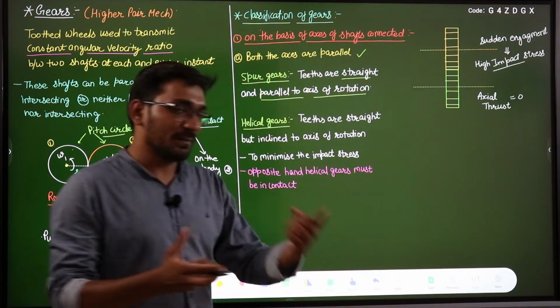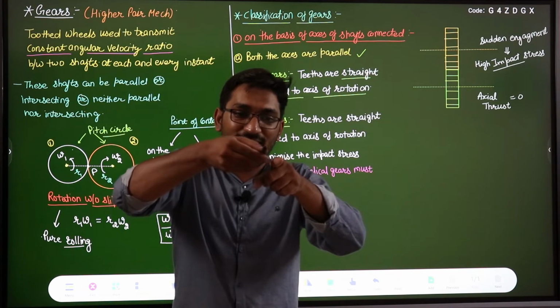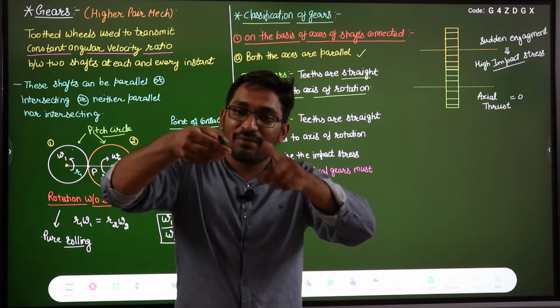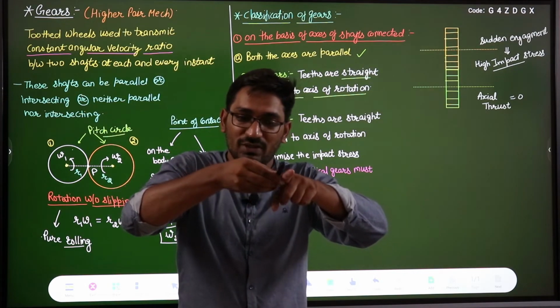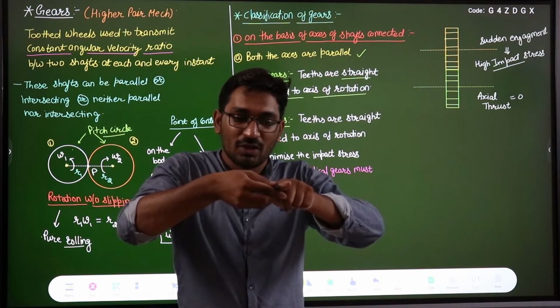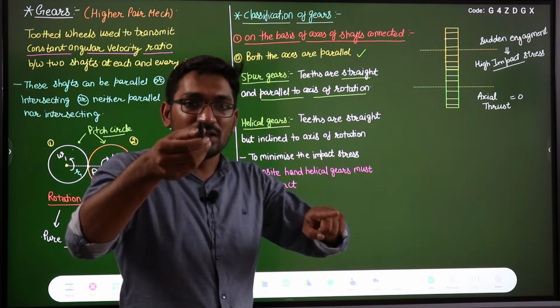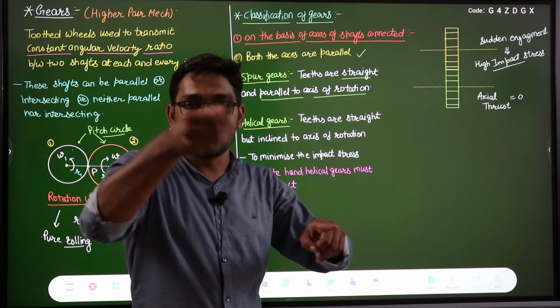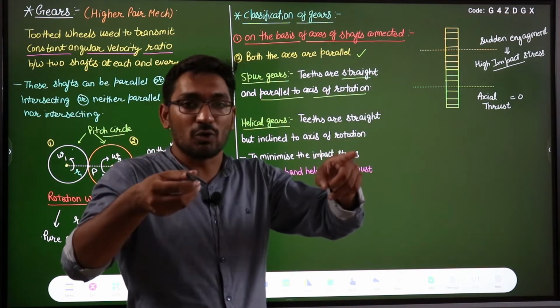You can see from here, suppose these are the two teeth of two gears. When they come in contact with each other, every point on this tooth will be in contact with every point on the other tooth, like this. So the force will be in this direction. Suppose this is the driven gear and this is the driving gear, or you can say this is the input and this is the output.